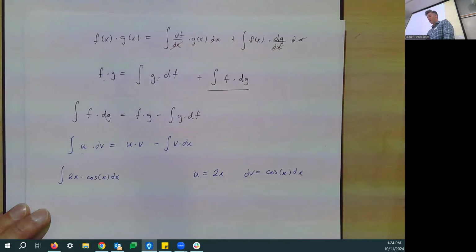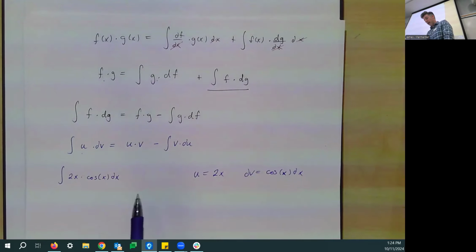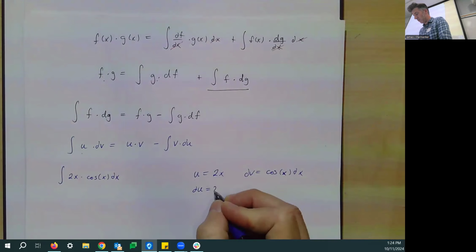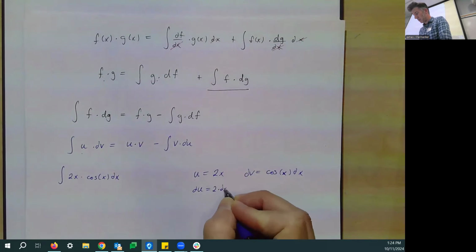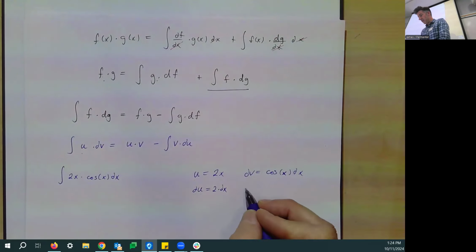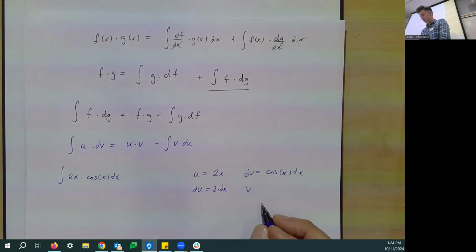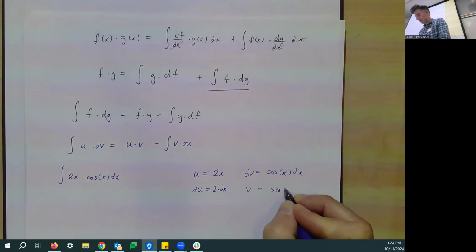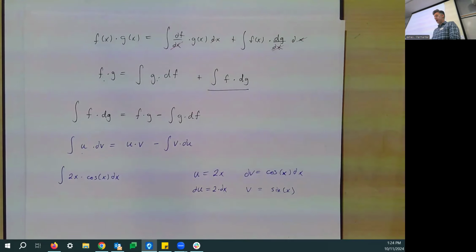I will point out, these two things multiplied together should be everything inside your integral. Always, if you're doing integration by parts. Then we're going to find du. It's going to be the derivative of this, which is 2, multiplied by dx. We're going to find v, which is the antiderivative of dv. And the antiderivative of cosine of x is sine of x. And then we're just going to throw it all into the formula.